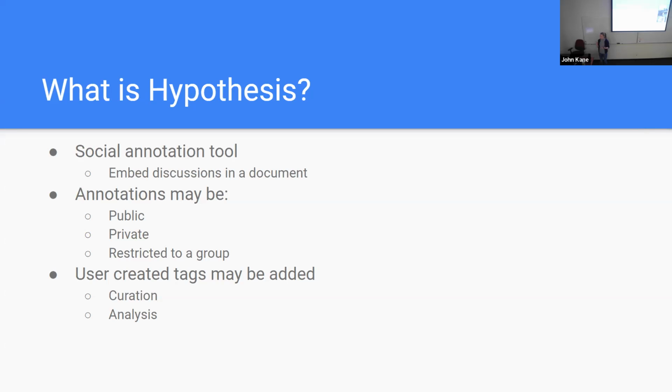You can create specific tags to then allow students to group their particular annotations according to some categories. We'll go through a little bit what that could look like. It could be content specific, and it could be specific to the types of discussions or notes or annotations that students are making on those documents.